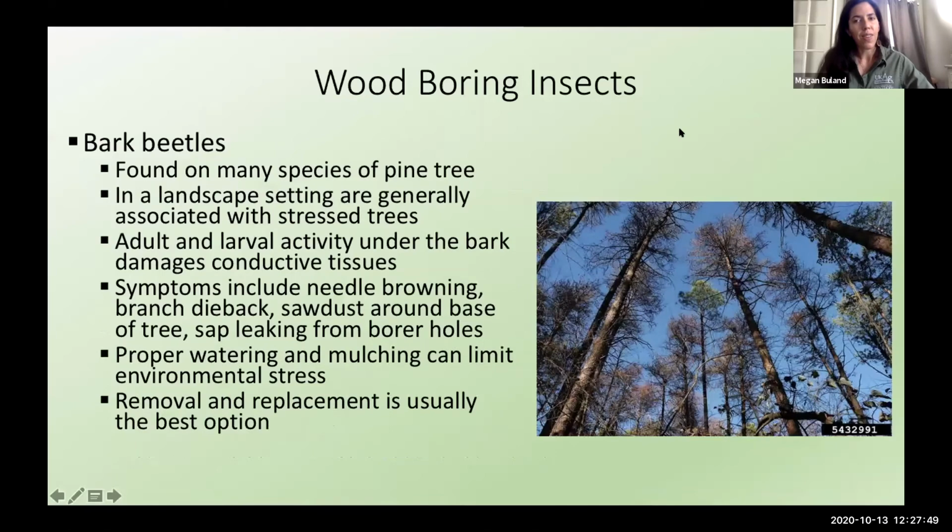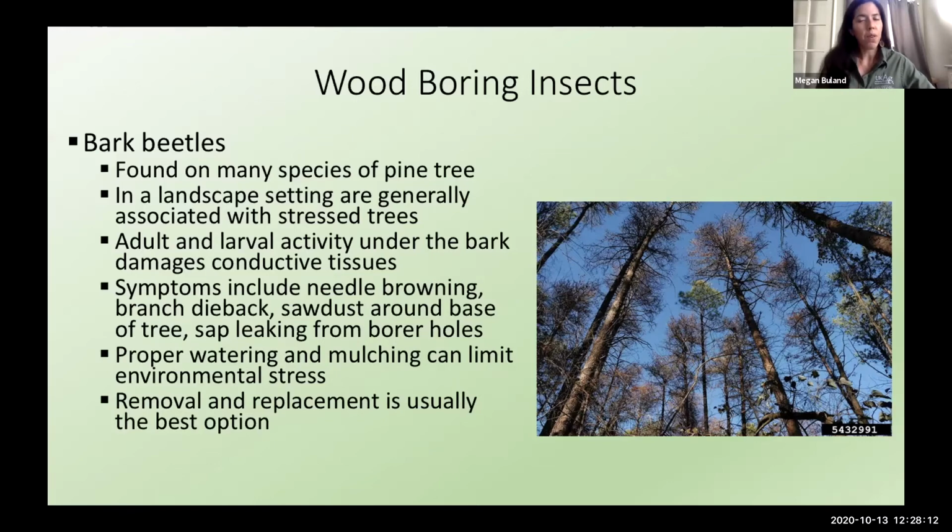Bark beetles. We already talked about bark beetles a little bit. They're found on many species of pine trees. They're generally associated with stress, and adult and larval activity under the bark can damage the conductive tissue of that tree, just like we've talked about with emerald ash borer and the clearwing borers. These are primarily found on pine trees.